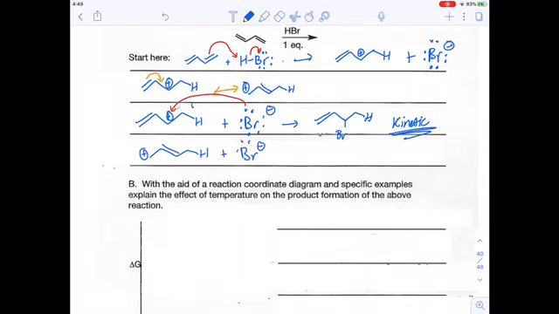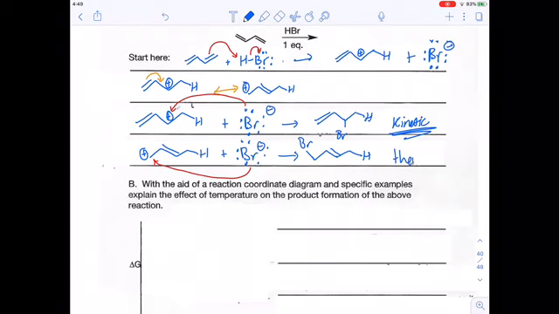Moving on to the other one. The Br is going to add to the carbocation at the end. And this is going to give you the more highly substituted double bond. So this is the thermodynamic product.